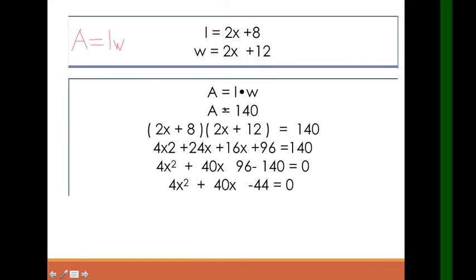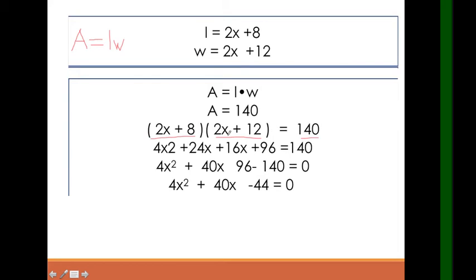And then, yung area natin is 140. So, i-substitute lang natin sa formula natin: 2x plus 8 times 2x plus 12 equals 140, which is the total area o square meter ng ating rectangular lot.